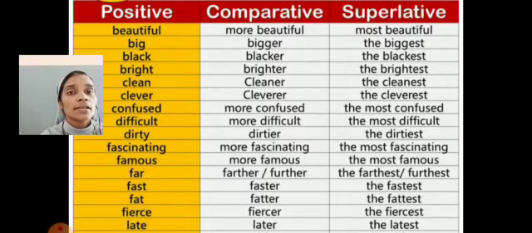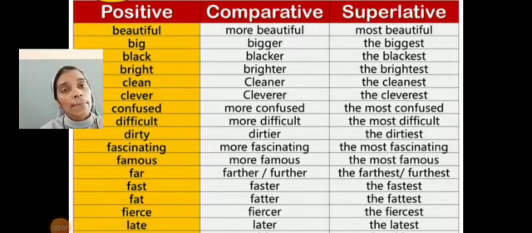Aman is being compared with all the children in the class. So here we compare more than two persons or things. In superlative degree, we compare more than two things or persons.